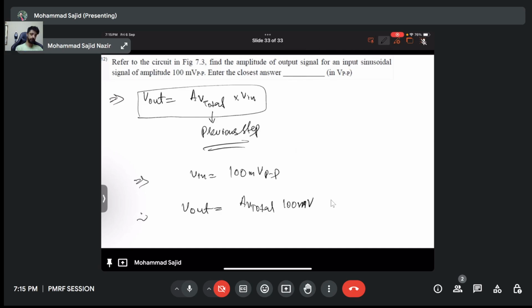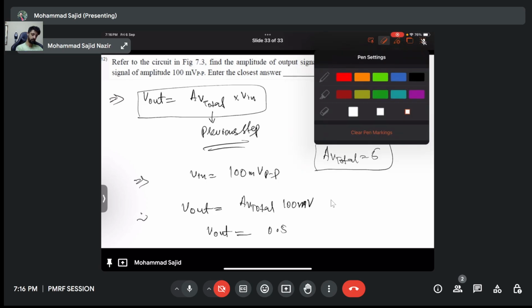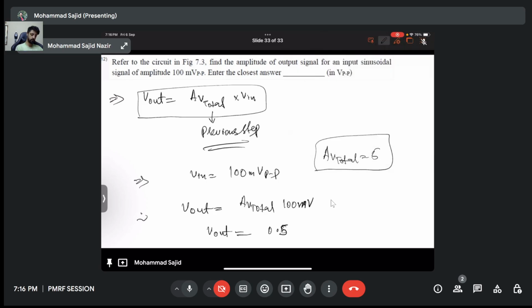I have not calculated AV total in the previous step, but let me just give you the value, it comes out to be 5. But you need to calculate it in the previous step, just substitute the values.